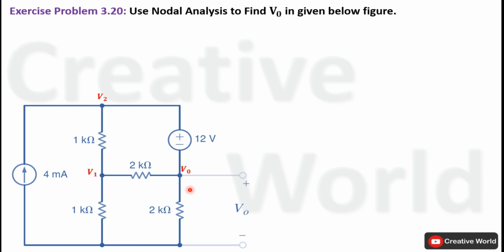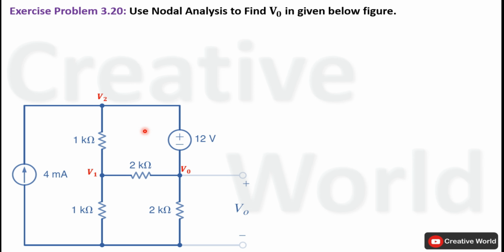Now, before we proceed further, if we observe, this voltage source is connected between two non-reference nodes. We know that if a voltage source is connected between two non-reference nodes, we cannot apply the simple nodal analysis technique to solve that problem. We have to switch towards the supernode technique.